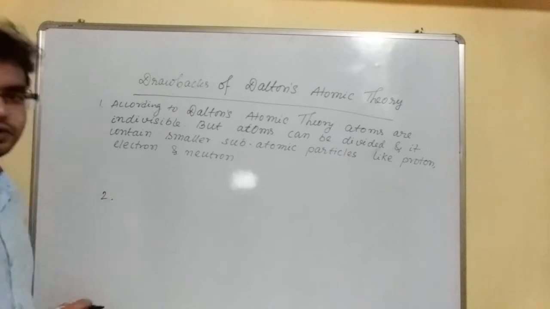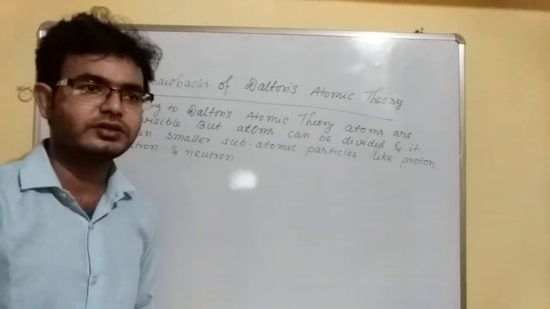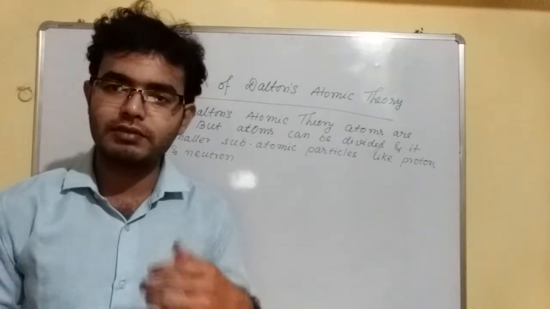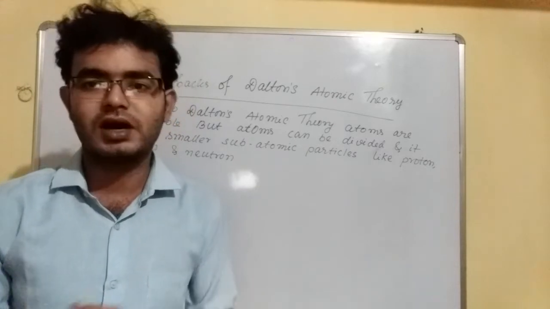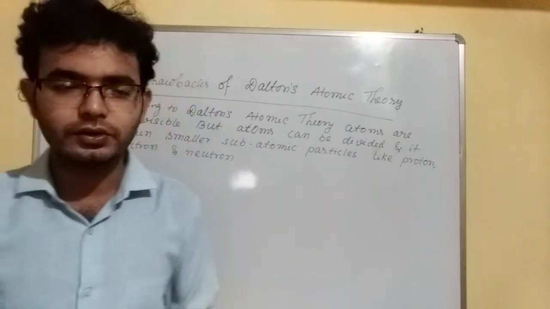Number 2. According to Dalton's atomic theory, we learned that atoms of the same element are the same in mass and all other properties. Here you have to write D A T for Dalton's atomic theory.